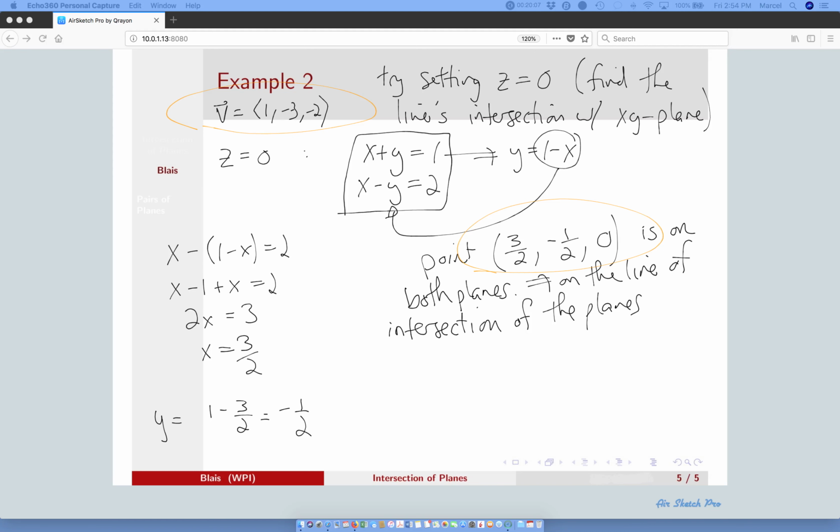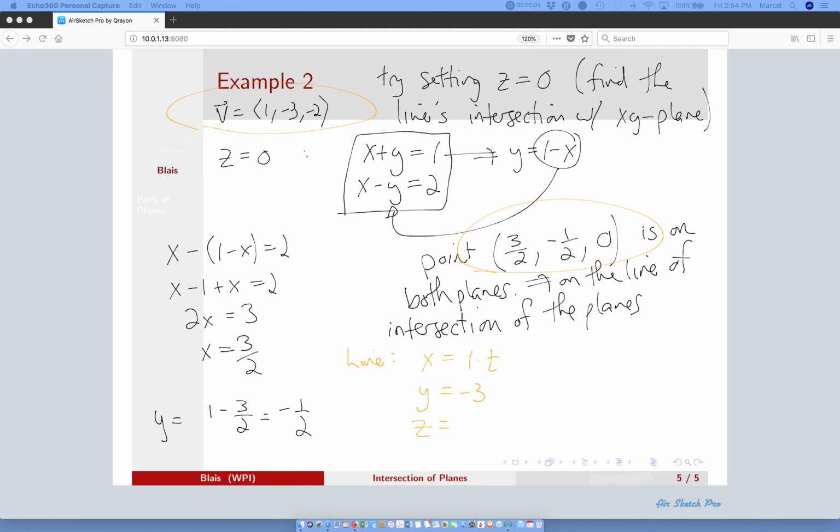And recall that for our parametric equations for our line, we have x equals, y equals, z equals, and the coefficients of the parameter come from the parallel vector. So we have 1 times t.